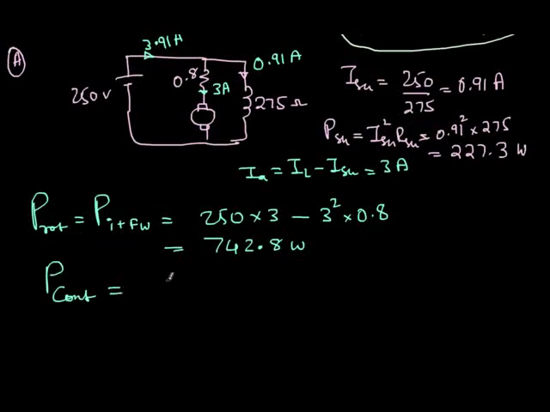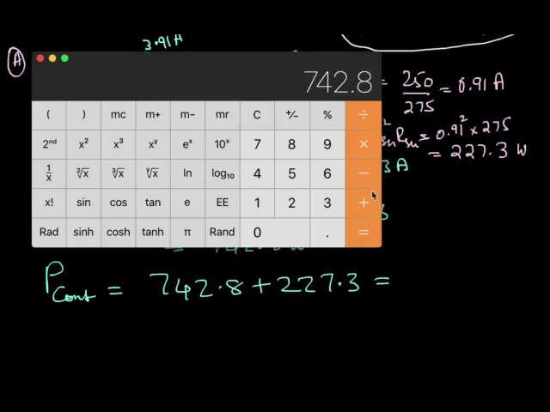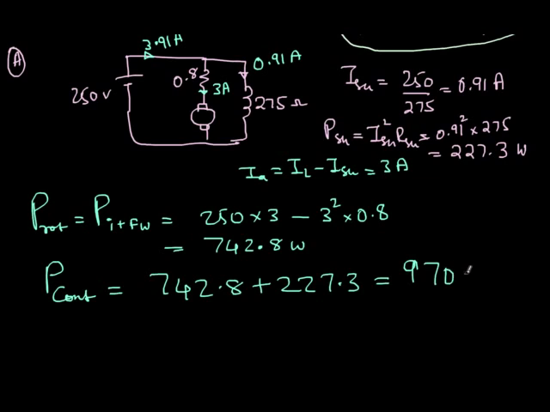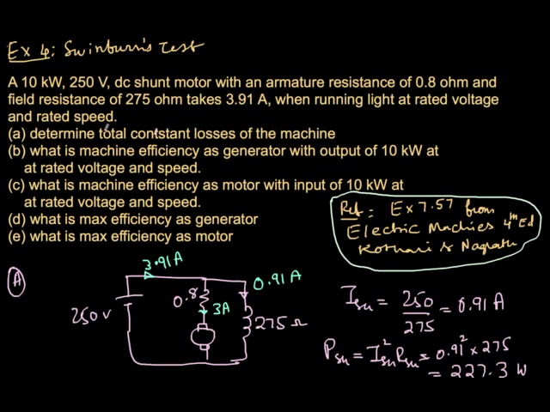Constant losses are nothing but 742.8 plus 227.3. So this is about 970 watts. So this is the constant losses of the machine, that is 970 watts. This solves the first part of the question, determine the constant losses of the machine. This one we have solved it.